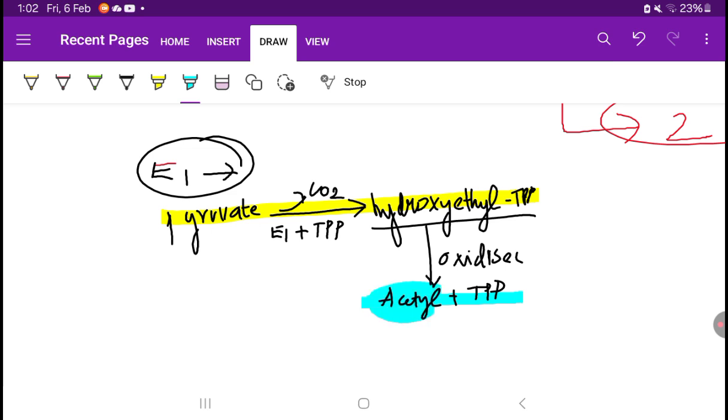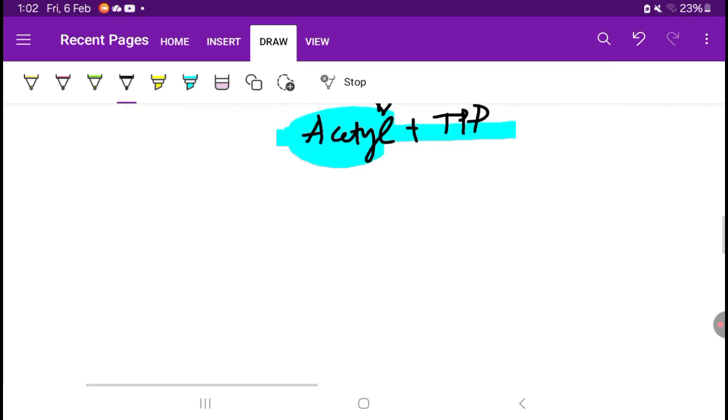From here, this acetyl will bind to E2 in the presence of lipoate.